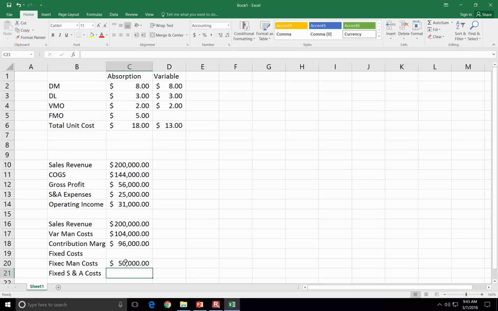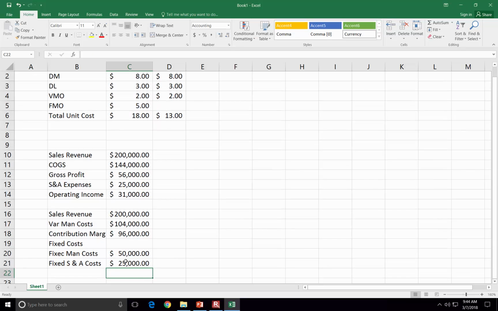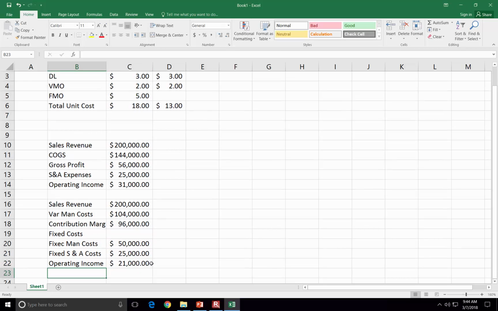And our fixed selling and administrative was $25,000. So our operating income, contribution margin minus the fixed costs, $21,000.